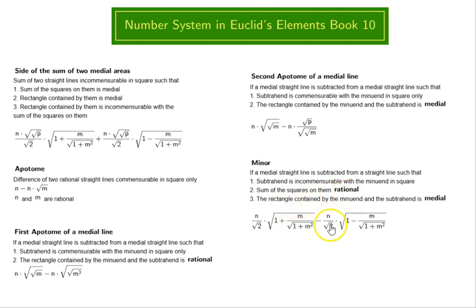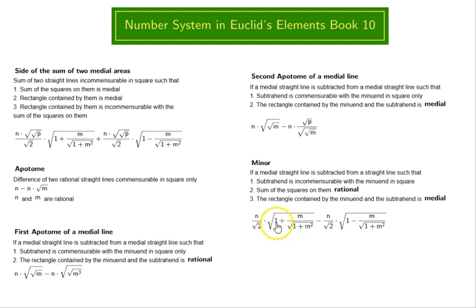Now, the sum of the squares on them is rational. So n by root 2 squared will be n squared by 2. Here also n squared by 2. This square root will disappear. So we are left with 1 plus m by square root of 1 plus m squared. And here we are left with 1 minus m by square root of 1 plus m squared.